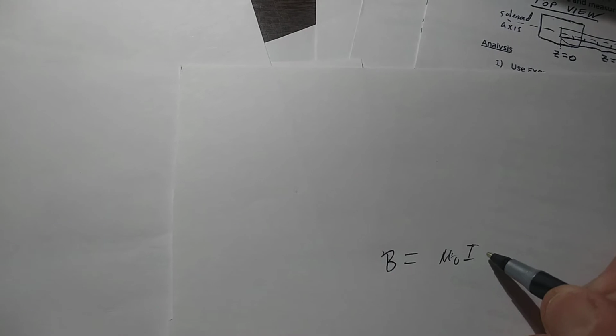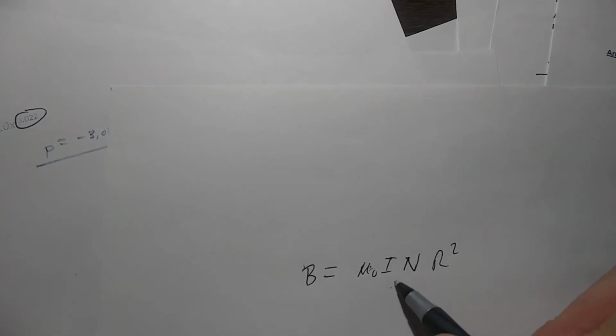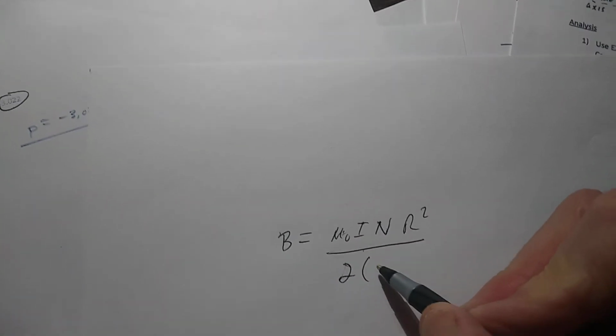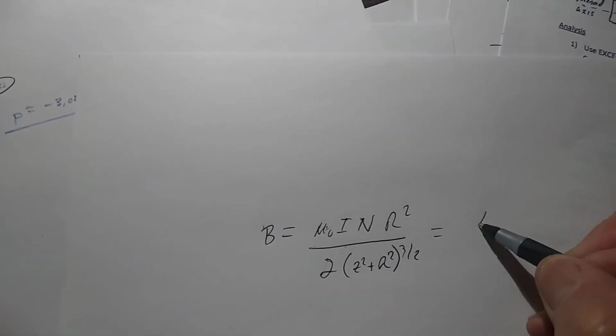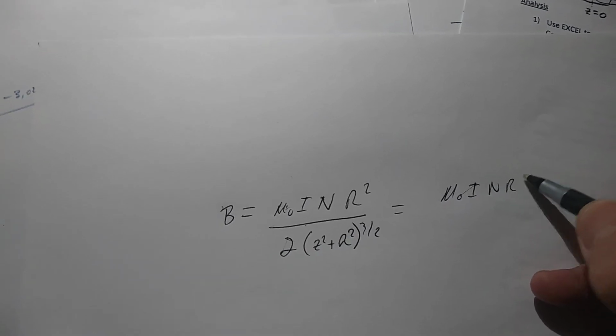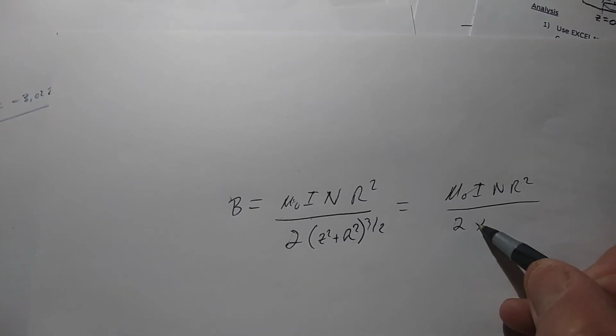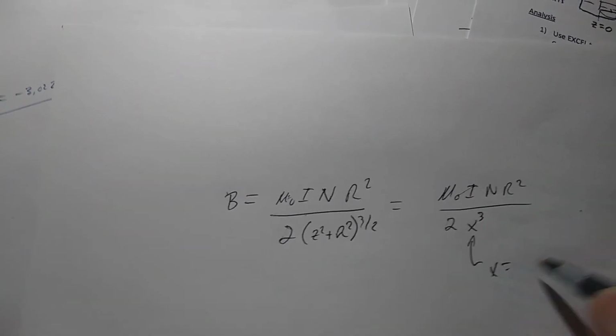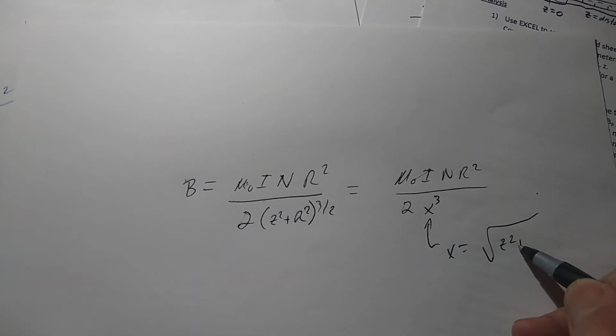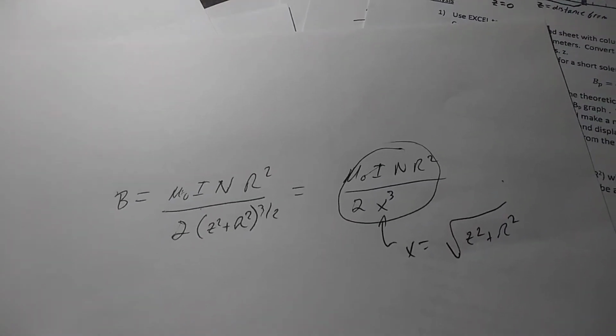The B field is mu 0 I times N times R squared over 2 times Z squared plus R squared to the 3/2, which is equal to mu 0 I times N R squared over 2x cubed, where in this case x is just the square root of Z squared plus R squared. So this is basically what you graphed.